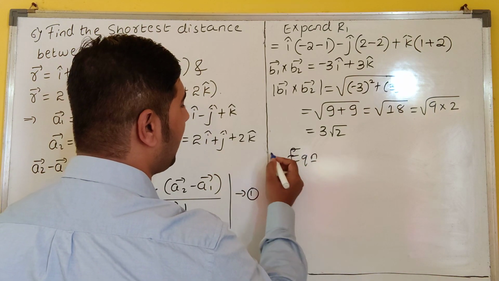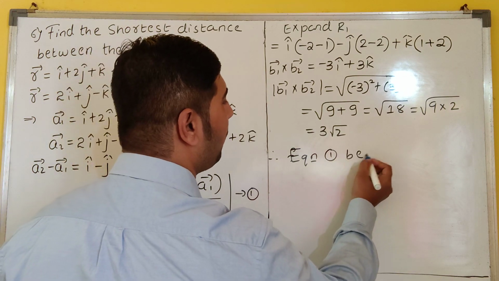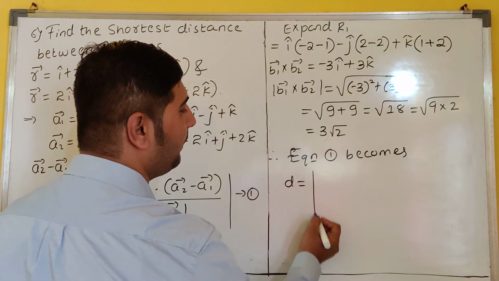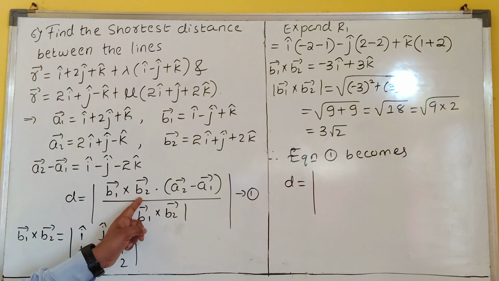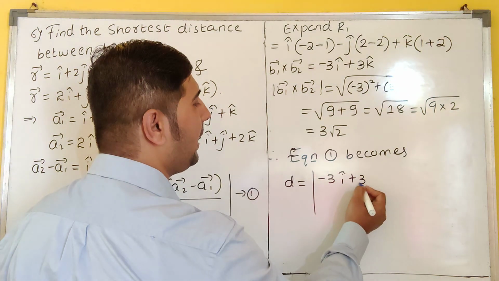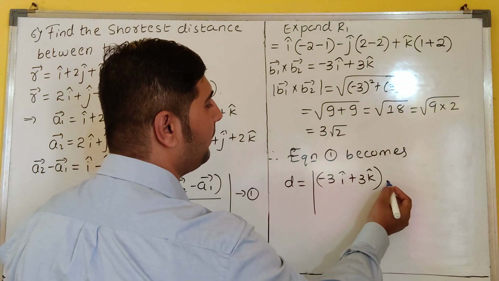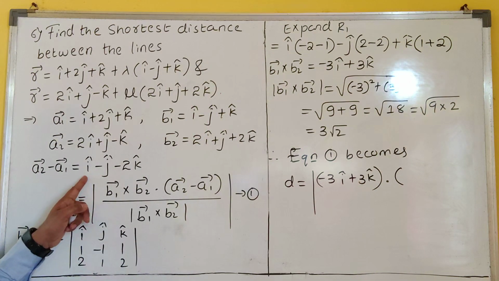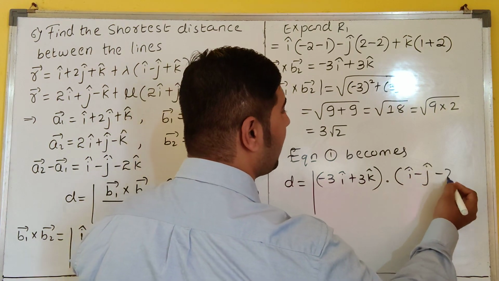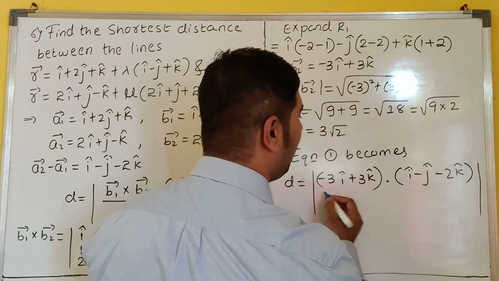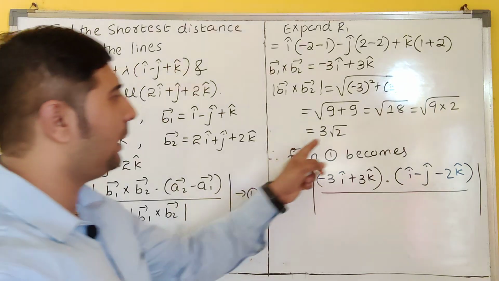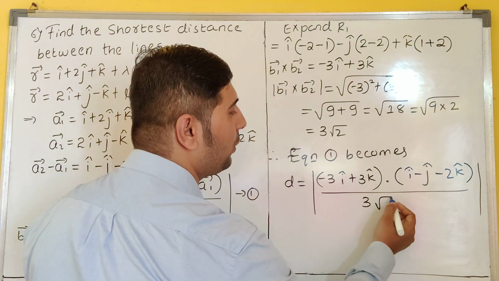Therefore equation 1 becomes: D is equal to b1 cross b2, which is minus 3i cap plus 3k cap, dot a2 minus a1, which is i cap minus j cap minus 2k cap, whole divided by the magnitude of b1 cross b2, already there, 3 root 2.